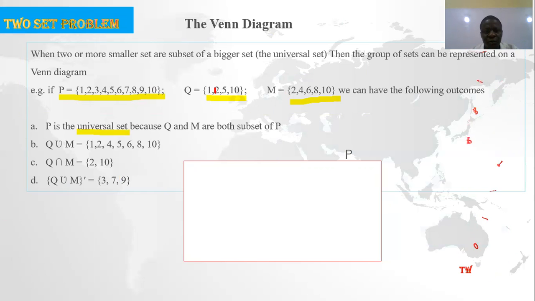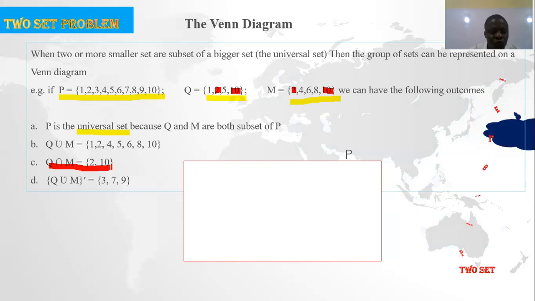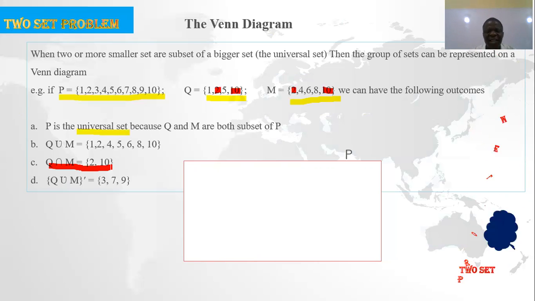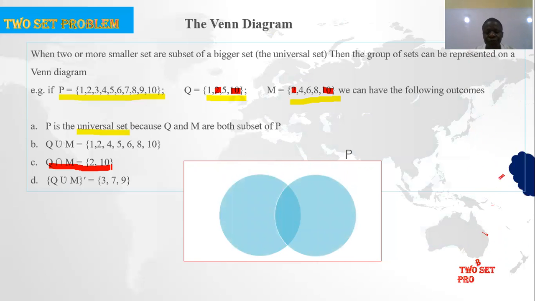For example, you can see that 2 is in Q and M. 10 is in Q and M. If that's the case, we say Q intersection M is equal to {2, 10}. This means that the two sets have something in common. Therefore, when we are drawing the circles for these two subsets inside P, which is the rectangle, the circles must overlap like this.